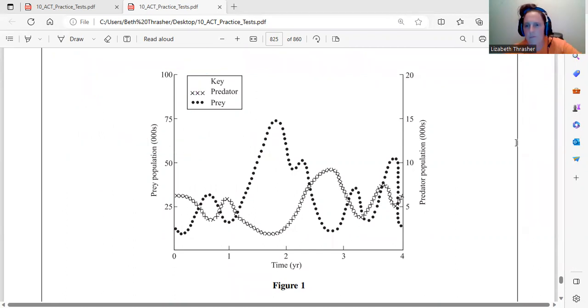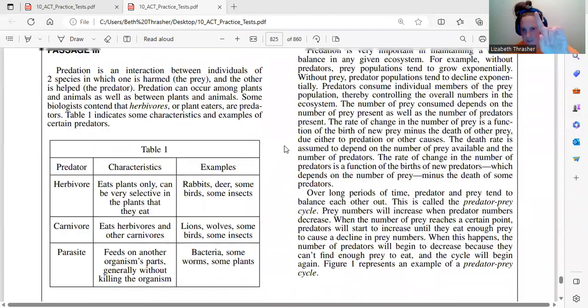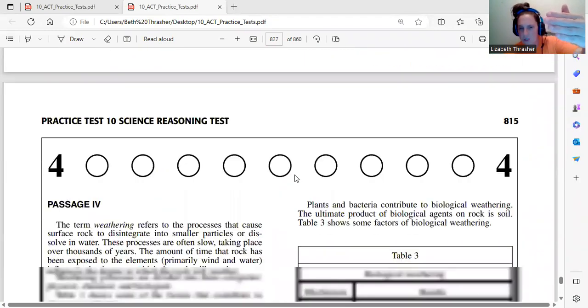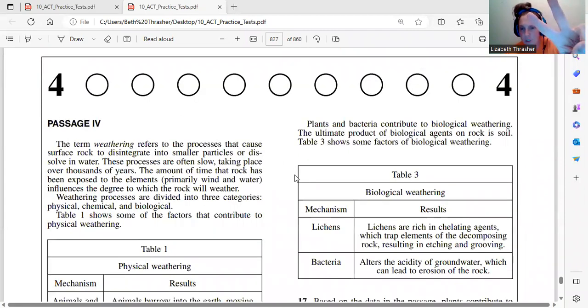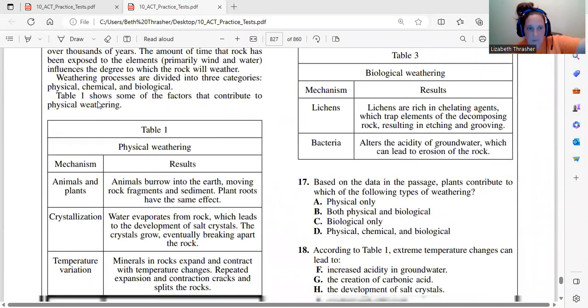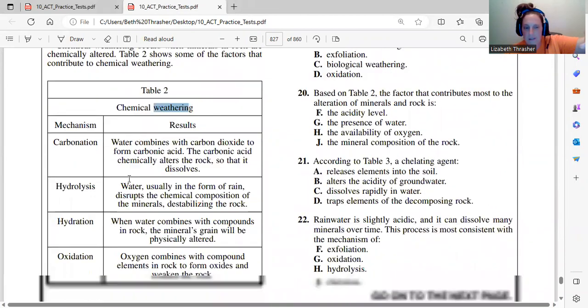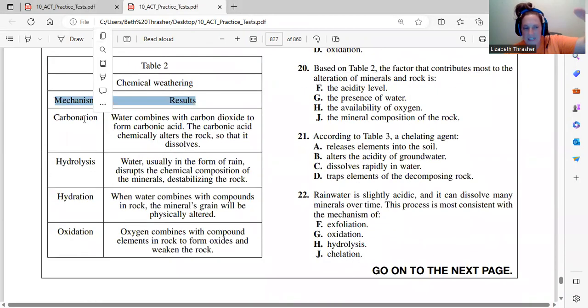So remember those things. Let's go back. Number 1, we're going to skip scientist 1 versus scientist 2 and do that last. Number 2, I'm going to look at the data. Here I'm looking at different kinds of weathering, and what's the mechanism? What's doing the weathering? What's the result?